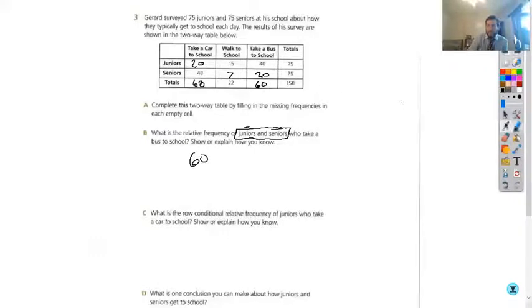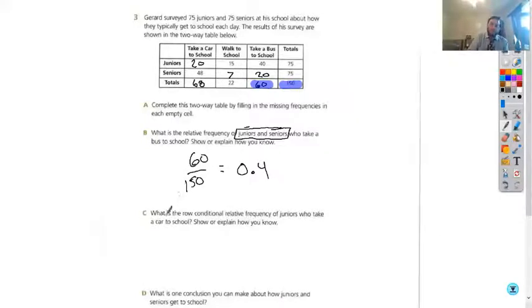Which is this piece of data here. And then the total number of juniors and seniors that we have in the school is 150. So we have 60 over 150, which if we simplify this will give us 0.4. So that's where we can find our relative frequency of juniors and seniors who take the bus to school.